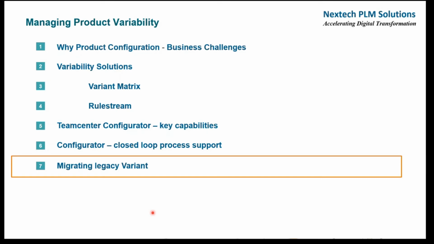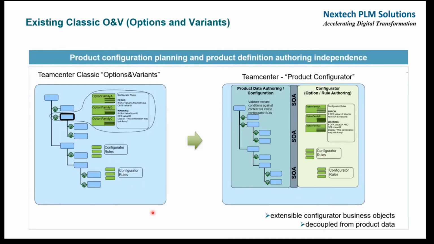But the customers who had already used the classic variant feature in earlier Teamcenter releases, where the variability was part of the structure itself, there we have this requirement where we have to migrate the old classic variants to the PCA based variants. So here again, we have to identify the process. This is a classic option and variant data model, where the variability data is part of the product itself.